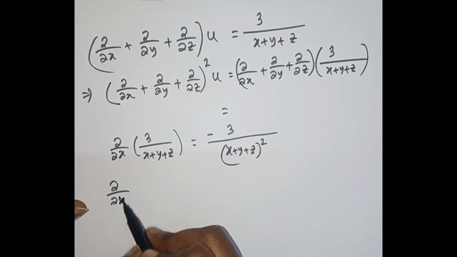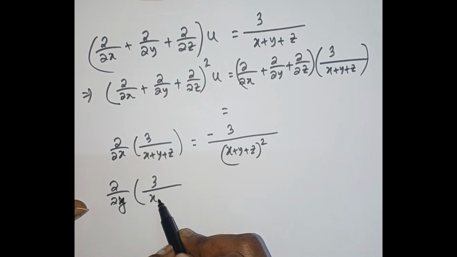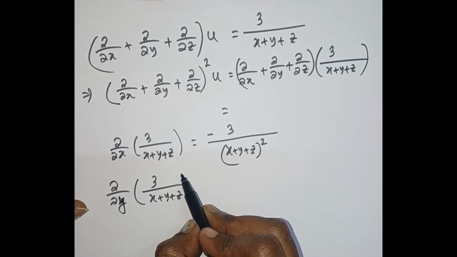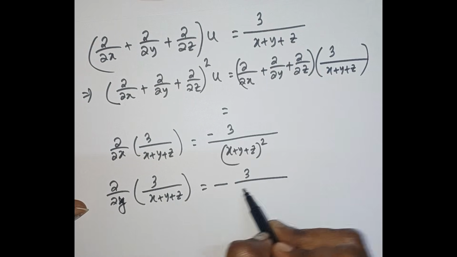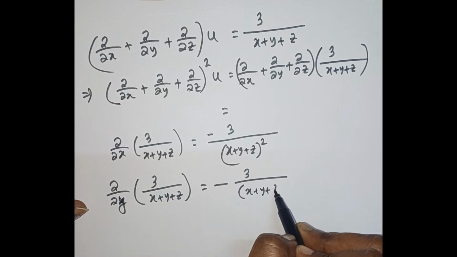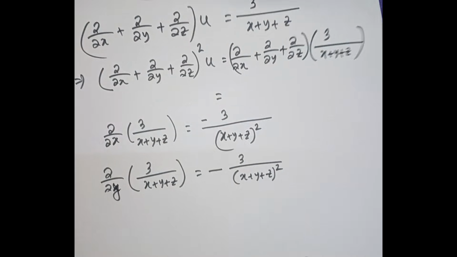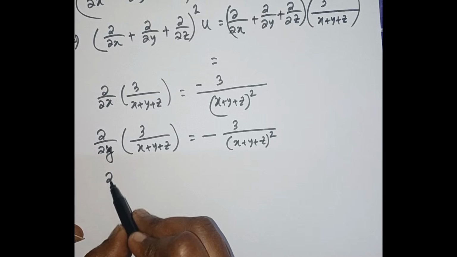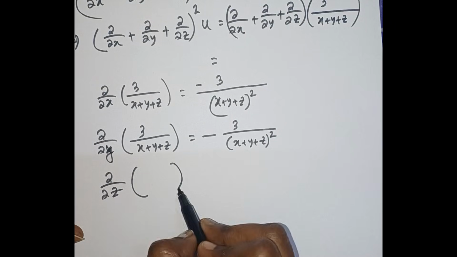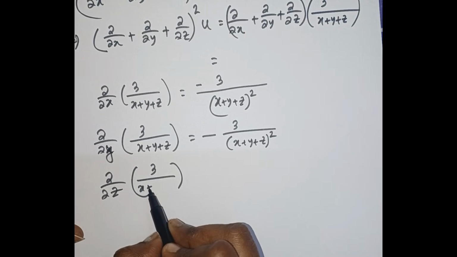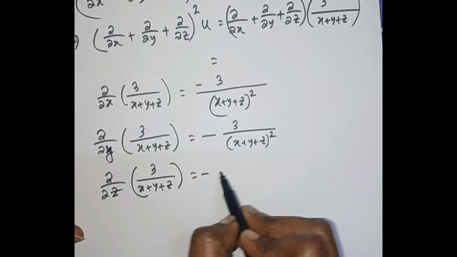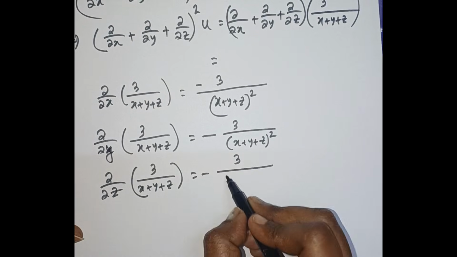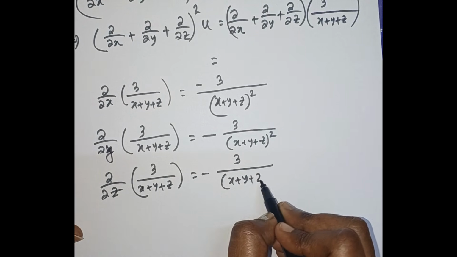Similarly, del del y of 3 by x plus y plus z will be equal to minus 3 by x plus y plus z whole square, or you can write minus 3 by p square, because p is equal to x plus y plus z. And similarly for del del z, 3 by x plus y plus z will be equal to minus 3 by again p square, or x plus y plus z whole square.